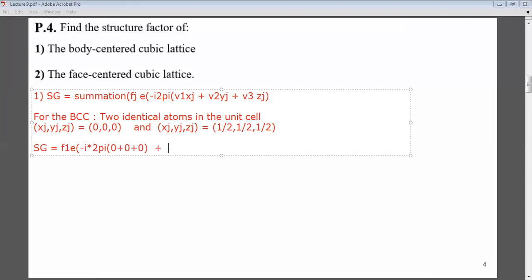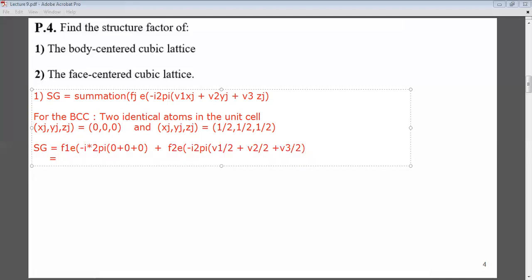Plus now the second term, F2 exponential minus I 2 pi into V1 times half, so that will be V1 over 2 plus V2 over 2 plus V3 over 2.